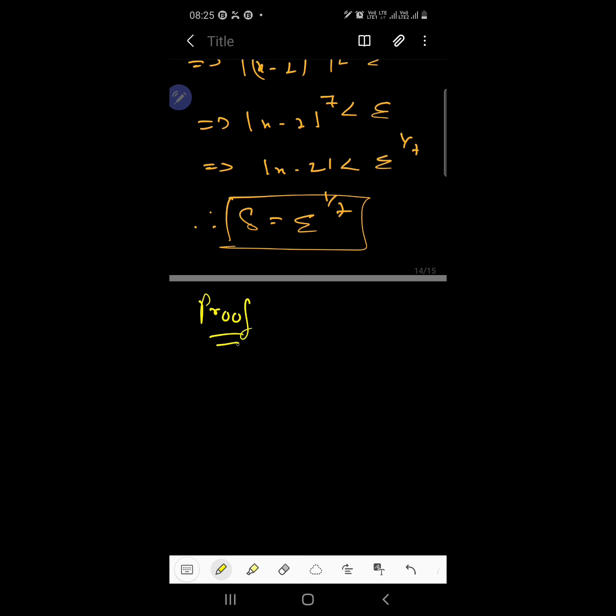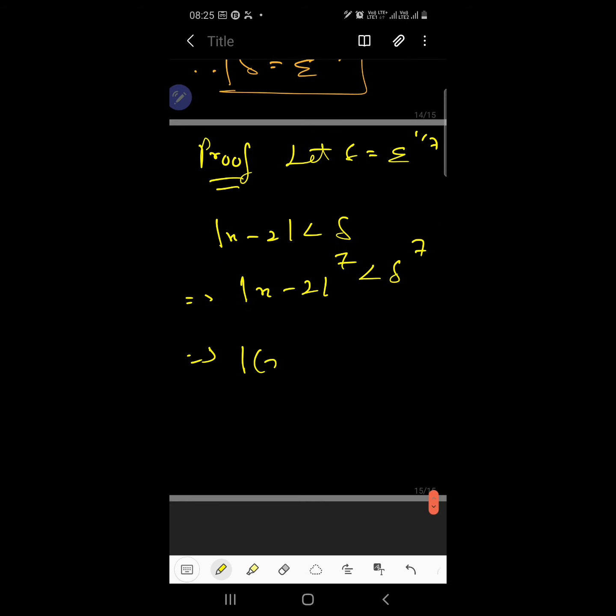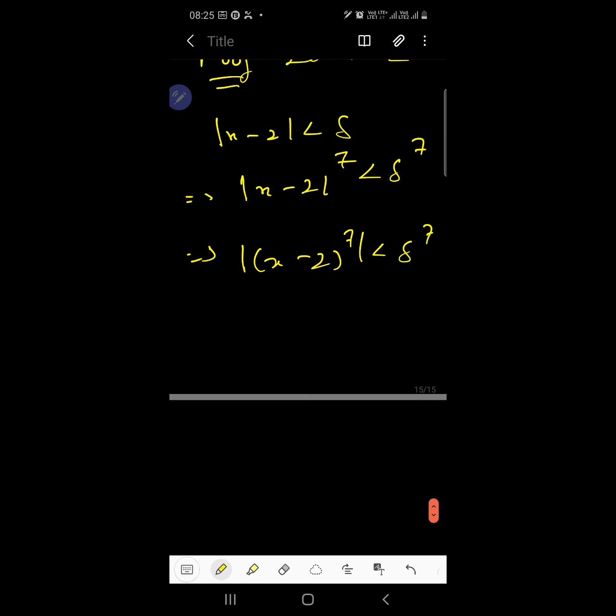So proof says that |x − 2| < δ. Let δ equal ε^(1/7). Okay, from here we can say that |x − 2|^7 is less than δ^7.